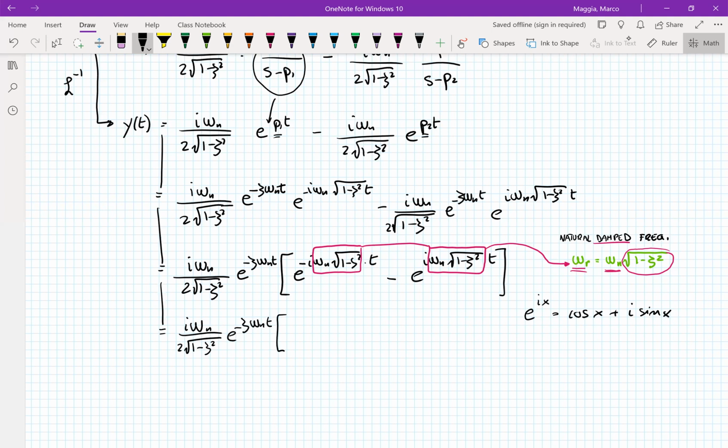All right, so the first term is actually cosine of omega rt minus I sine of omega rt. And then we have minus cosine of omega rt plus I sine of omega rt.